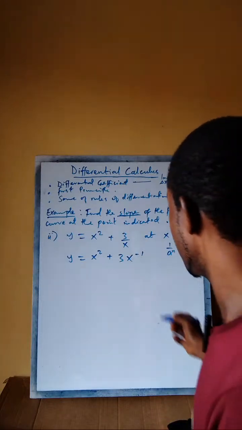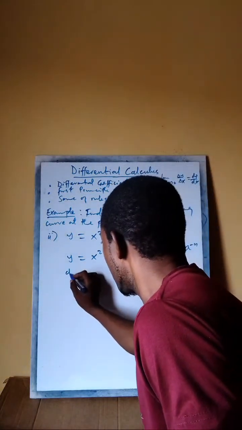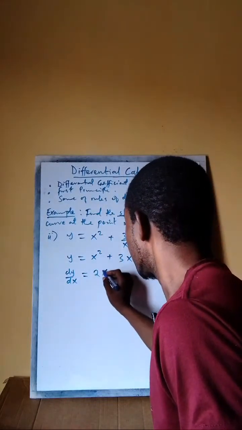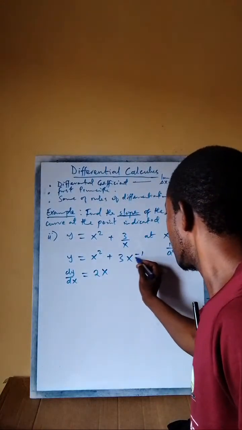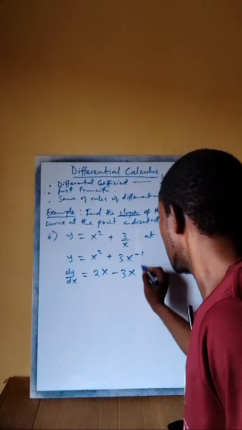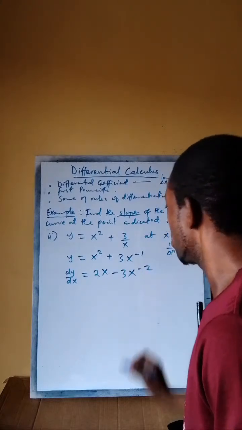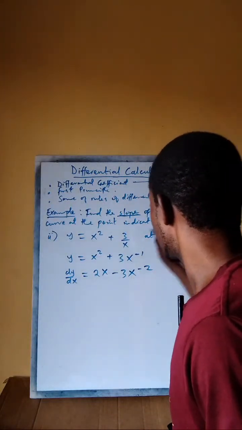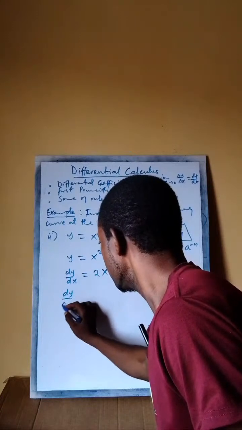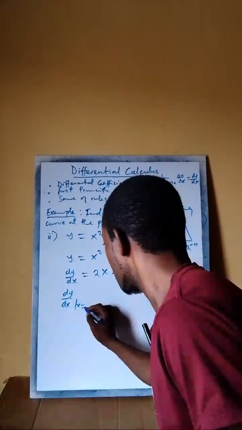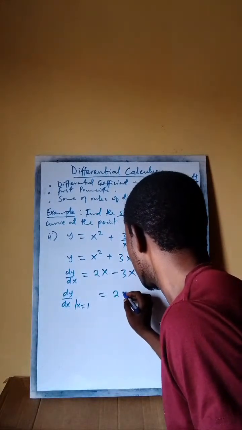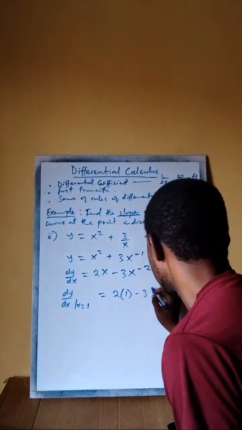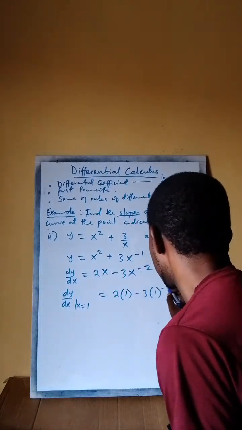Then we can differentiate and we have dy/dx equals 2x, then minus 1 times 3, that's minus 3, then x raised to power minus 1 minus 1, that's minus 2. So we have the derivative here. Now at x equals 1, dy/dx will be equal to 2 into bracket 1 minus 3 times 1 raised to power minus 2.